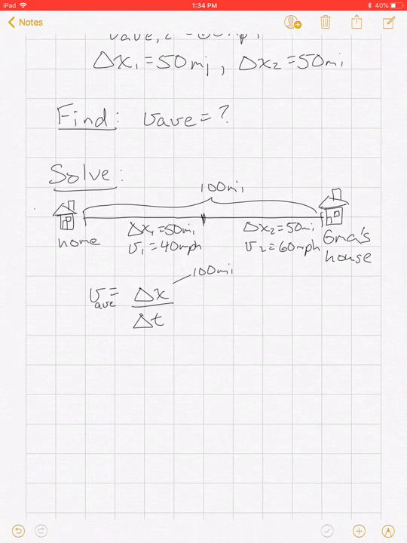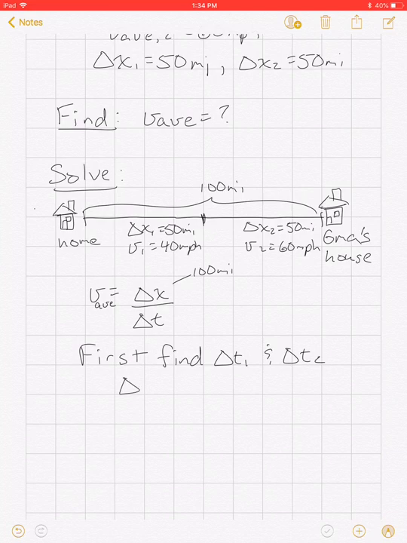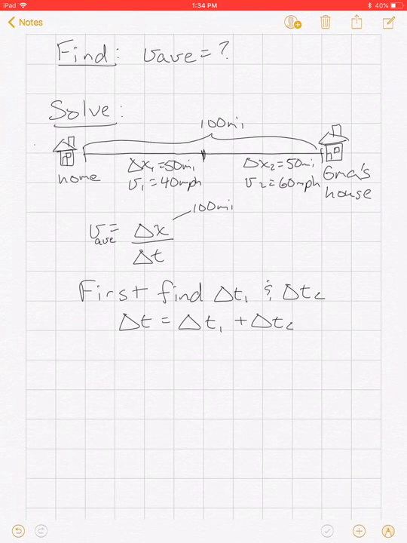So the first thing we're going to have to do is find delta t1 and delta t2 so that we can find the total time, which is basically going to be the sum of those two times. All right, so let's start with finding the time for section 1.